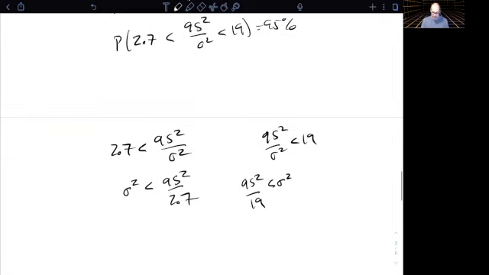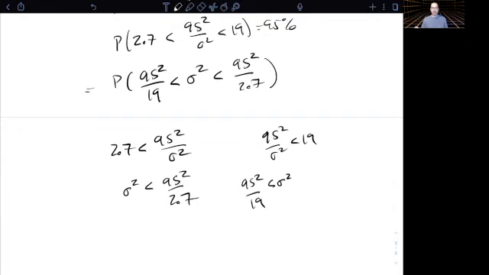Put those together, and this is equal to the probability that 9s squared over 19 is less than sigma squared, which is less than 9s squared over 2.7. So I'm 95% certain that the population variance is between my sample variance times 9 divided by 19, and my sample variance times 9 divided by 2.7.